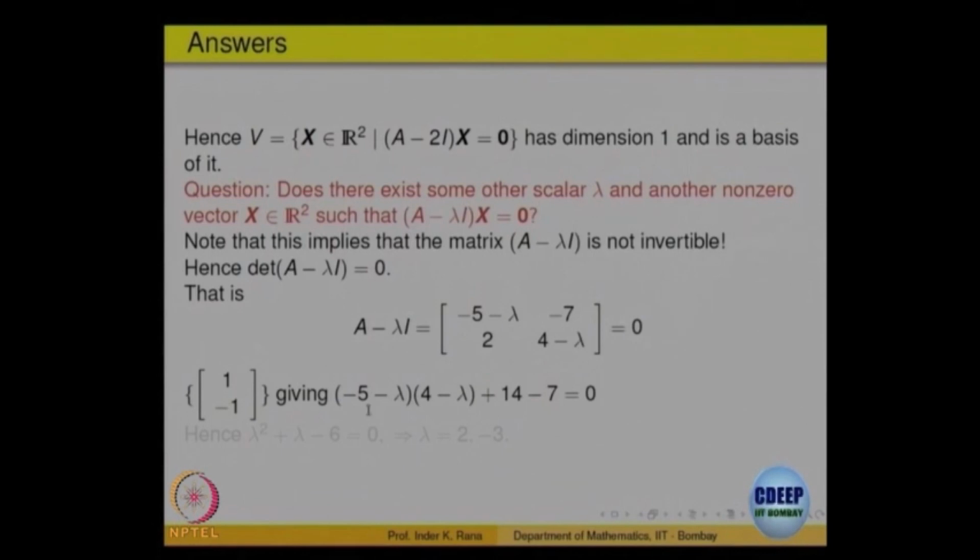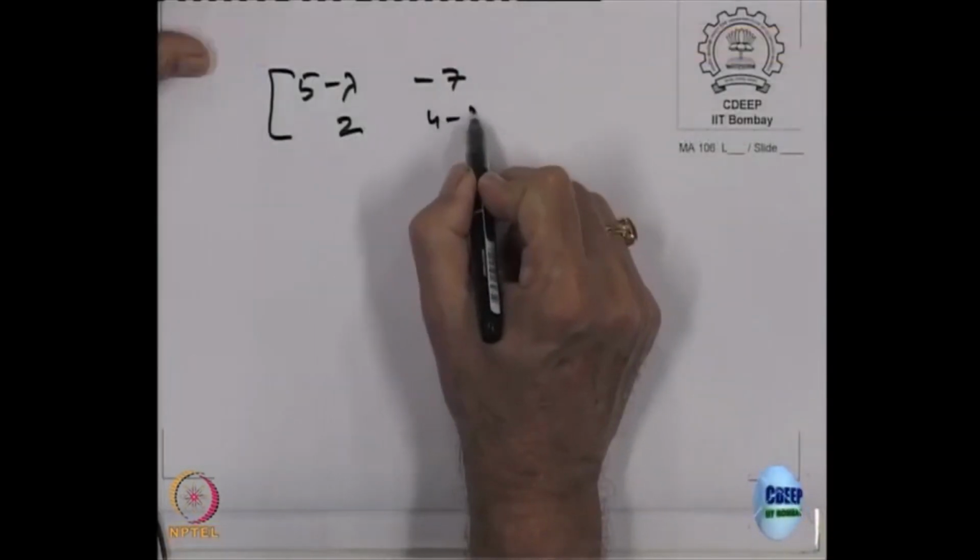So, giving that 5 minus lambda, 4 minus lambda multiplied by, plus 14. What is this 7? I think there is some mistake here, a typo. What is the determinant of this? Let us just compute. I think while typing some mistakes have come. So, let us look at the matrix: 5 minus lambda, minus 7, 2 and 4 minus lambda.